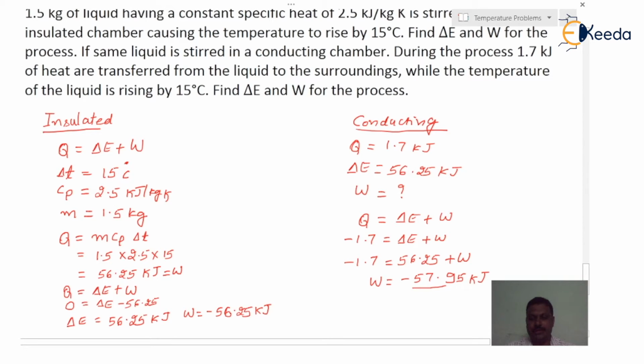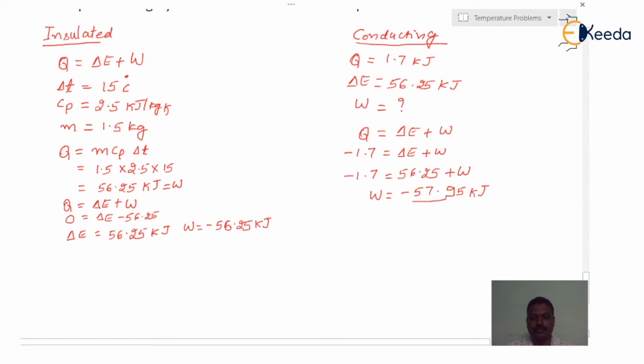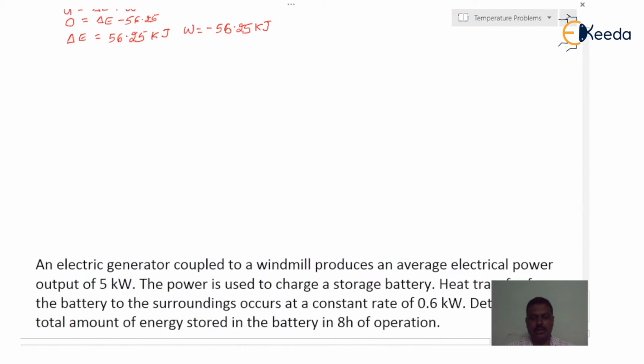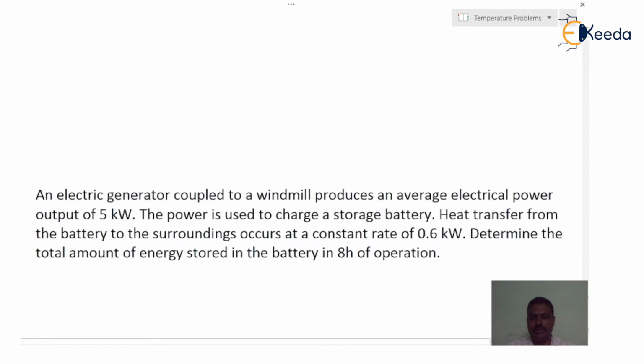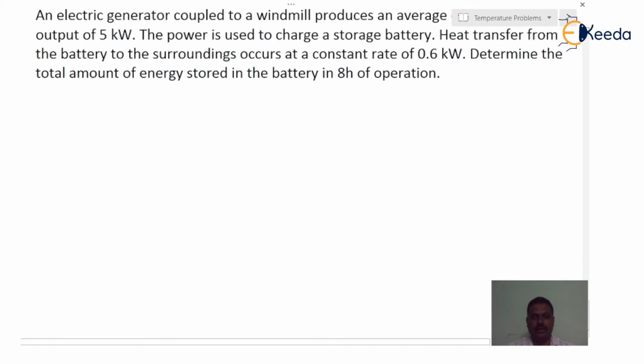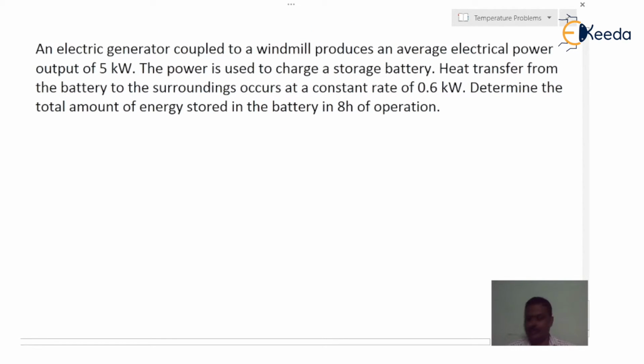And in the next problem, once again first law applied to closed system. Let us consider an electric generator coupled to a windmill that produces an average electrical power output of 5 kilowatt.